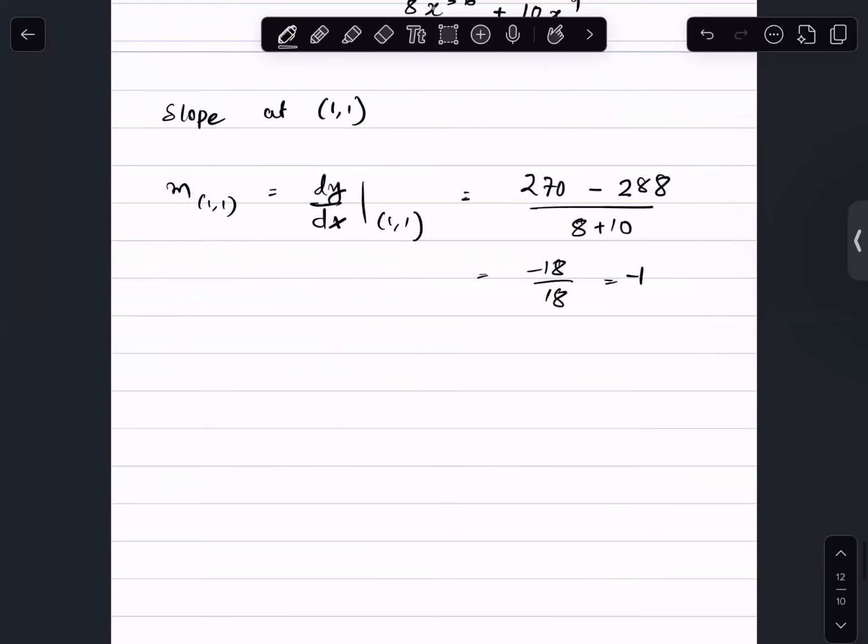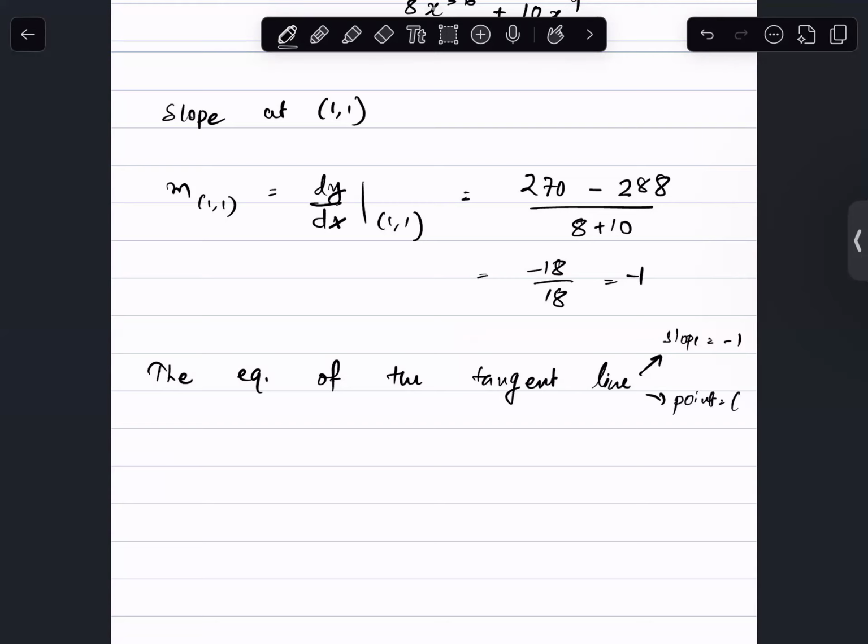Now, ultimately, the equation of the tangent line. To figure out the tangent line, you need two pieces of information. One is the slope, which is negative 1, and one point, which is (1, 1) in this case. So you get y minus y naught equals m times (x minus x naught).